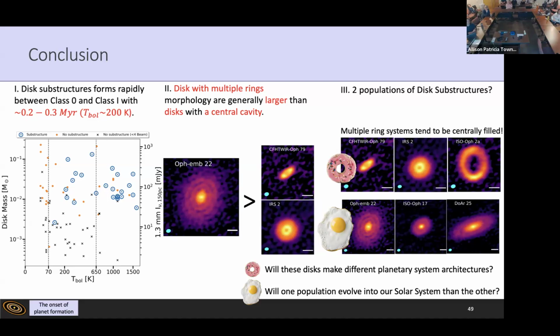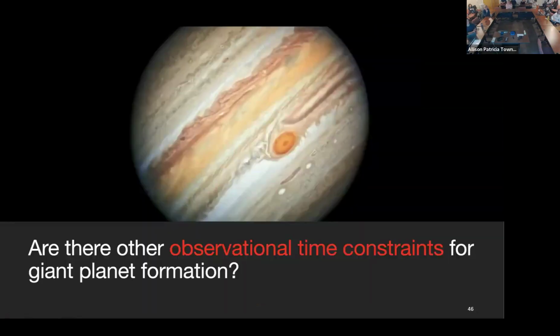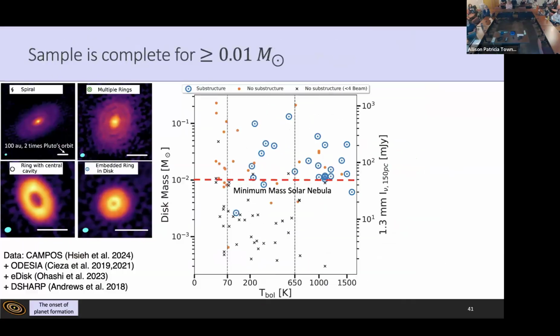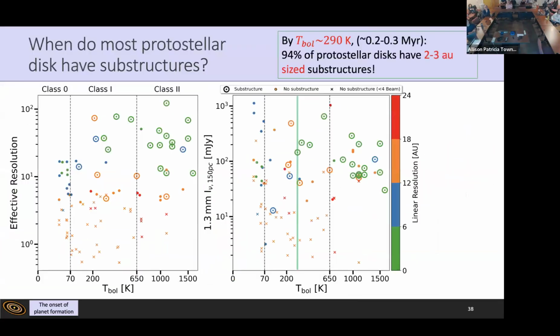As for why there are sources without substructures, first of all, it's important to point out that our class 2 sample is not complete. We're complete for class 0, 1, and flat, but once you go to class 2, our sample is not complete. That's why you don't see a lot of samples over here. Second, I think it's mostly due to the resolution.